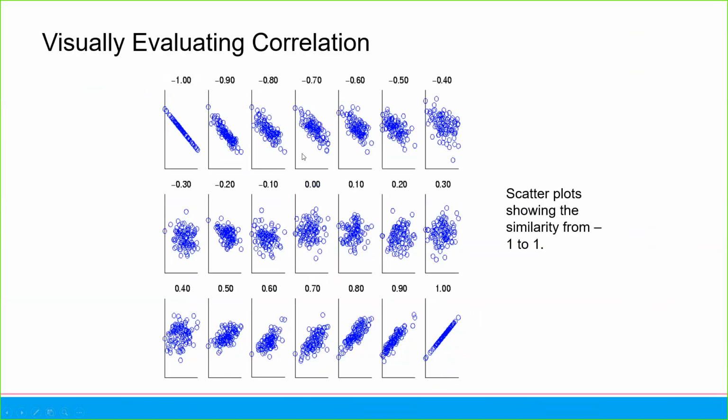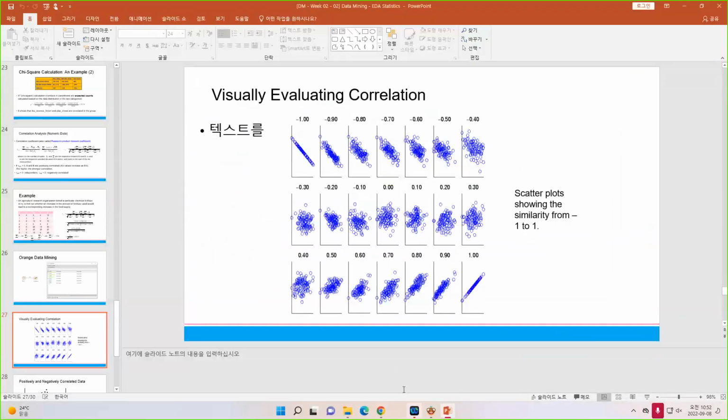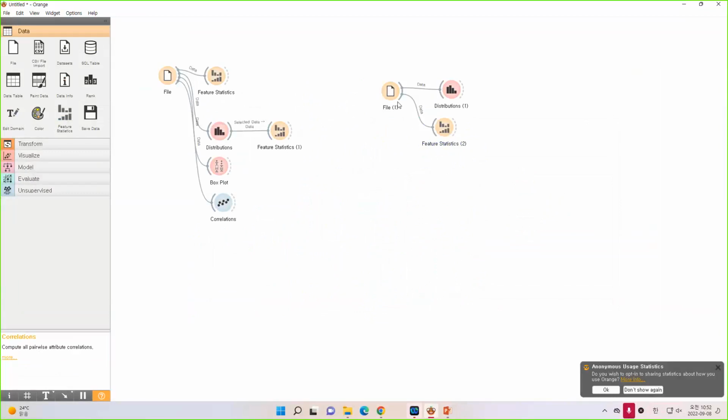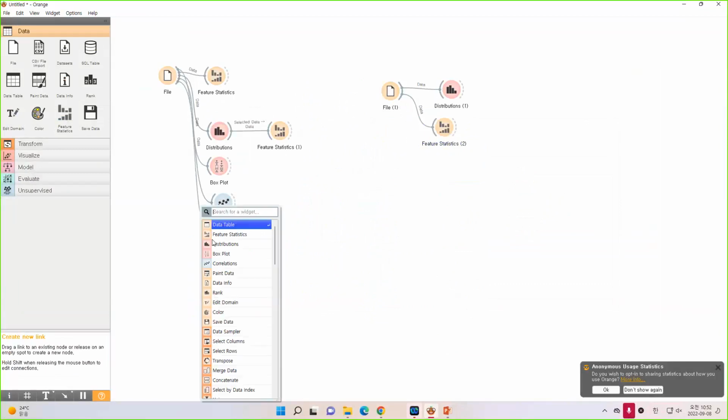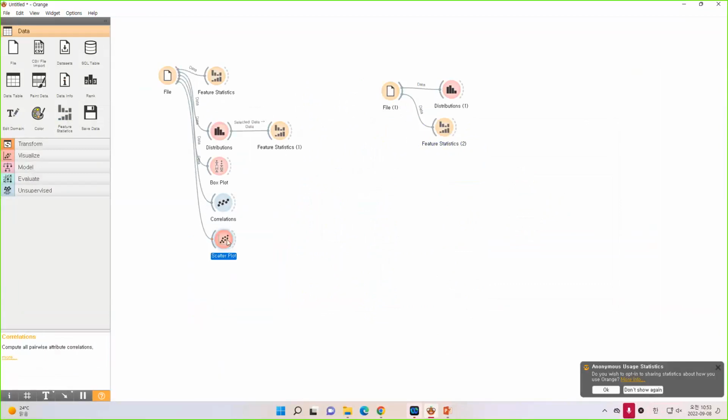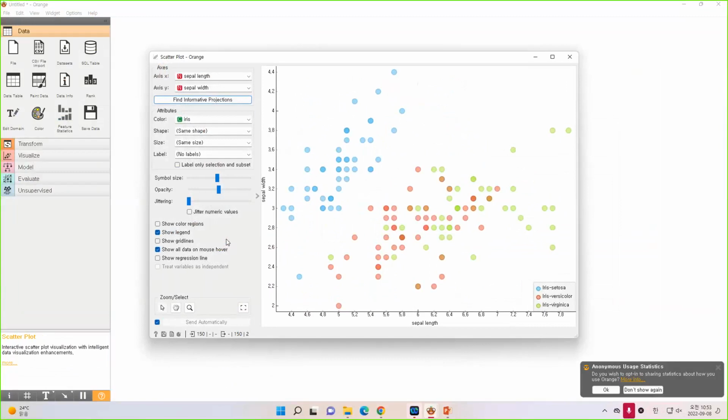You can also see this kind of thing in the scatter plot. Today I will explain this scatter plot a little bit later, but you can take a look.